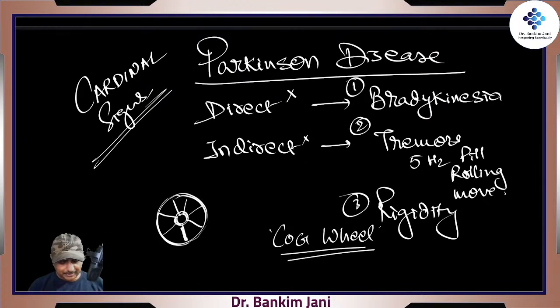So there is rigidity, no rigidity, rigidity, no rigidity. The patient will normally remain in a flexed posture, right? When you try to straighten his hand, under pressure, this would be the appearance. It would be like this. So that is what is called cogwheel rigidity. So these are 3 important cardinal signs.